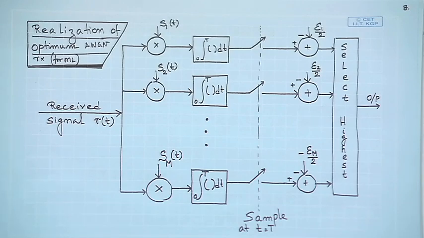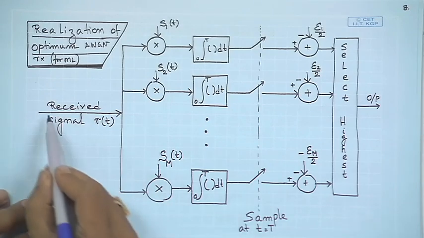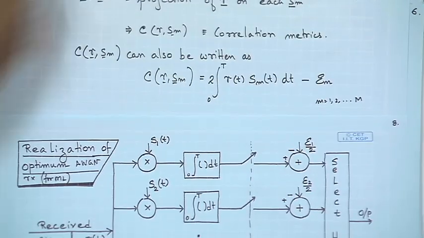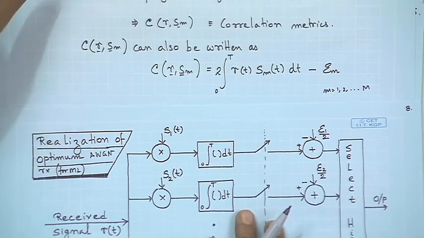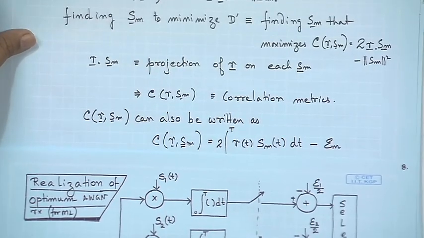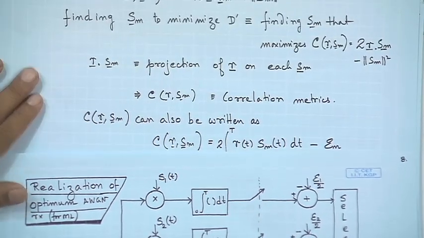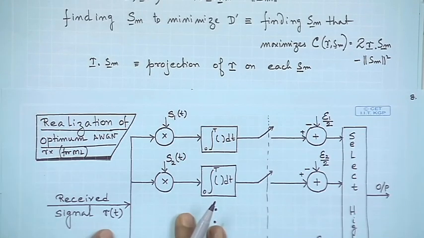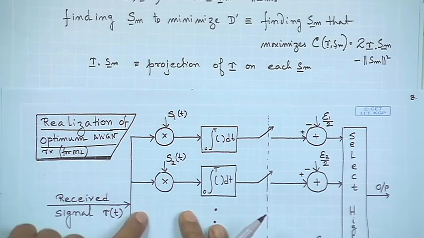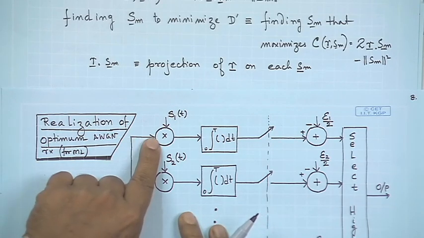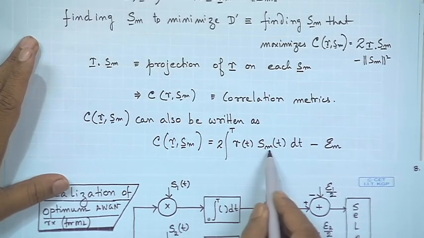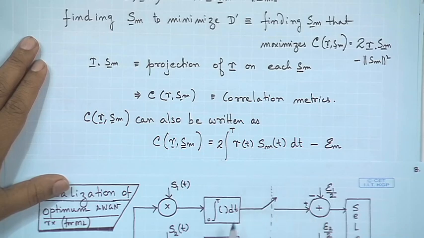So, what we can have with us is the received signal. We will use the expression that is present with us, and just for the sake of seeing it on the same screen, we have the received signal coming in and being split, and in the first path it is multiplied with S1, and then there is the integrator.